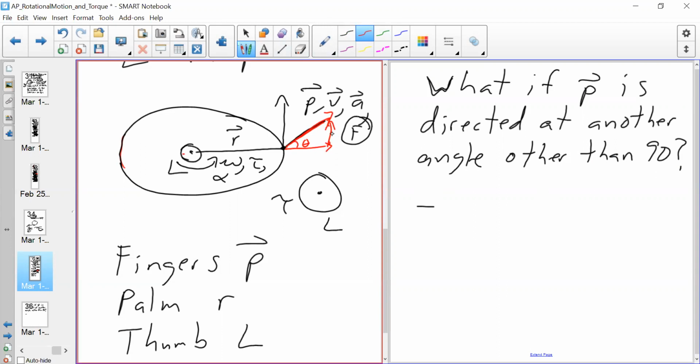So all we do is we look at the component of the P that's perpendicular to a radius, which is P sine theta. So the general angular momentum equation is going to be L is equal to mvr sine theta.